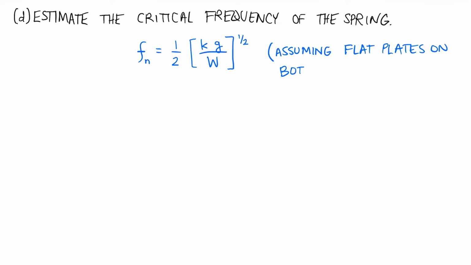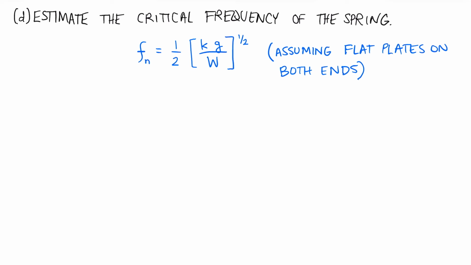For an exam, I would tell you this, but if you're ever in a situation where you're not told and you think you need to make an assumption like this, so here we need to know whether it's sitting against a flat plate on both ends or just one with a free end on the other side, you can always do your work and just make sure it's clear what assumptions you've made so that people can review your work and understand where you got your equations from.